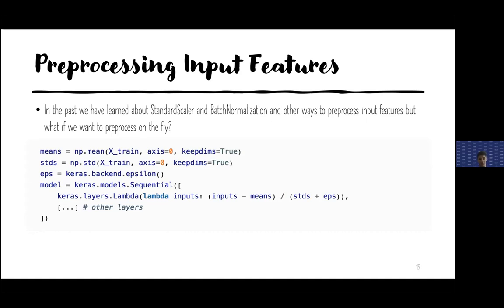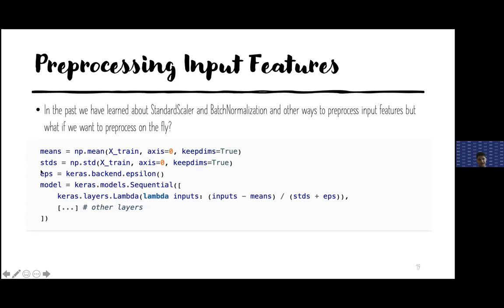And then we talked about batch normalization, which you can put inside your deep learning model. But what if we want to pre-process the features on the fly? With StandardScaler, if you remember, that was part of the pre-processing pipeline. And batch normalization could be used as a pre-processing layer, but isn't always the best choice.